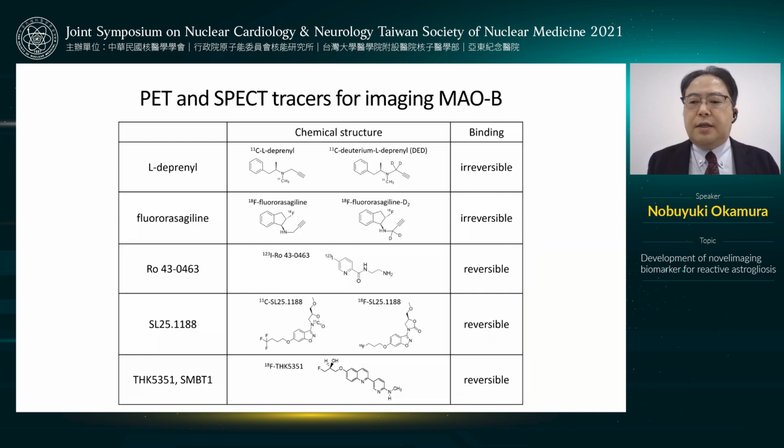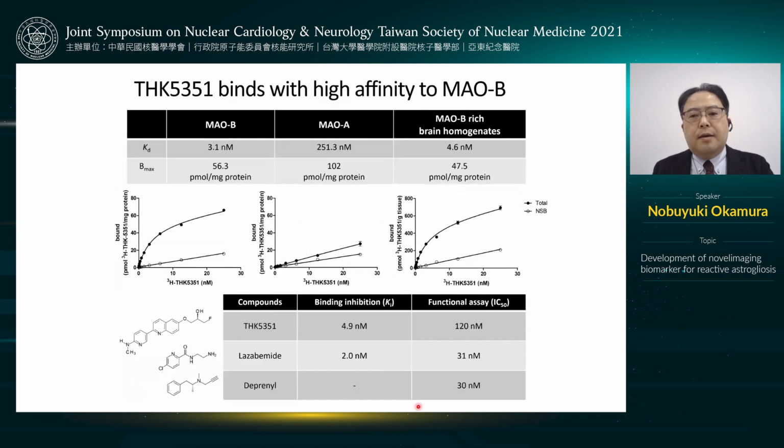In our previous study, we observed that THK5351, a tracer originally developed as a tau PET tracer, bound with high affinity to monoamine oxidase B. The binding affinity of THK5351 to monoamine oxidase B was almost comparable to the affinity of a monoamine oxidase B inhibitor, although the functional assay showed relatively lower inhibition activity of THK5351.